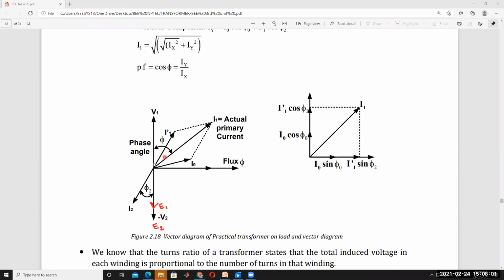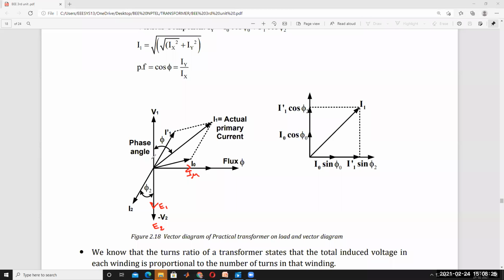Am I right? You know well, according to phase, this is called magnetic flux phi. And this I naught is because of the no load current. That is called I naught, with a magnetizing component and a wattful component. This is called the magnetizing component, I mu.